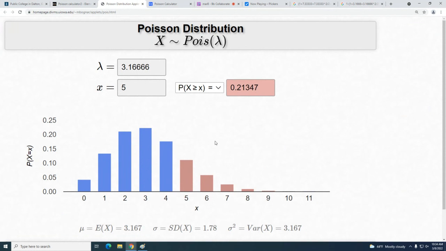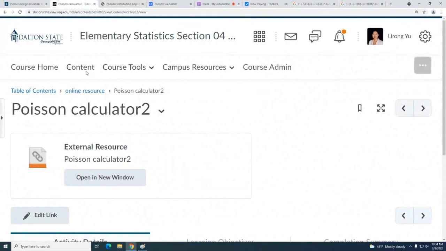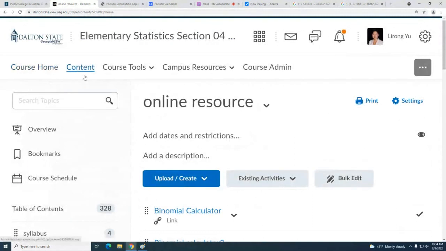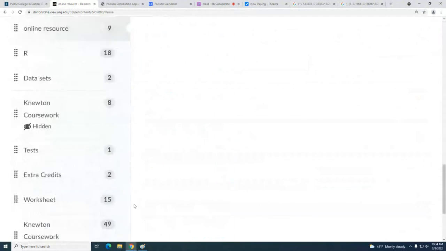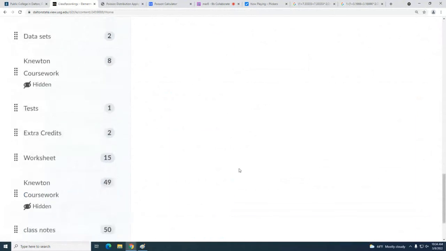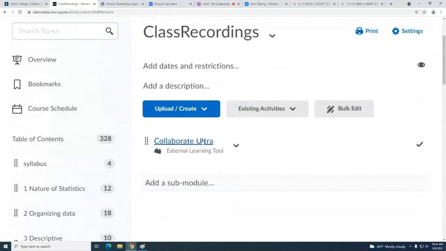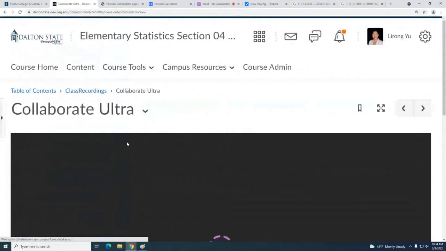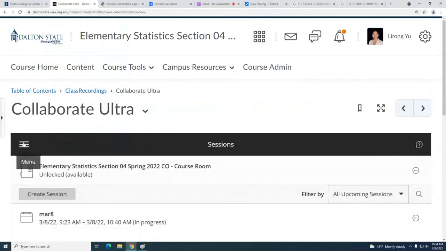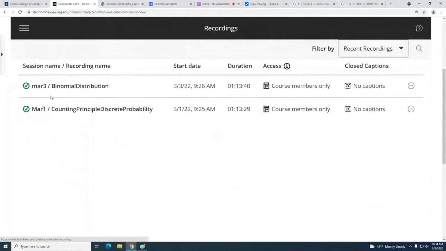If you see any student in our class, remind them that I have all the classes recorded online. You see this under content, you scroll down to class recording inside Classroom Ultra. This is where I started the recording app. Inside the menu, there's recording.